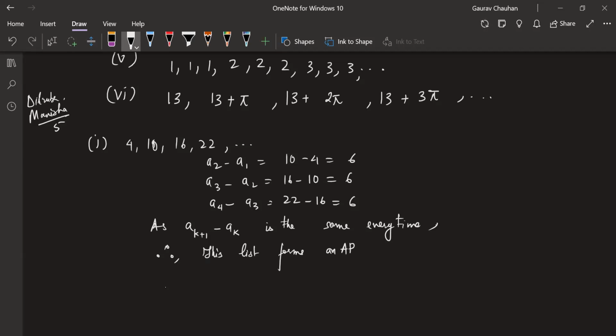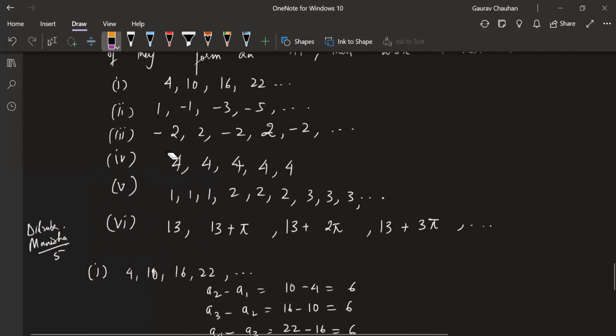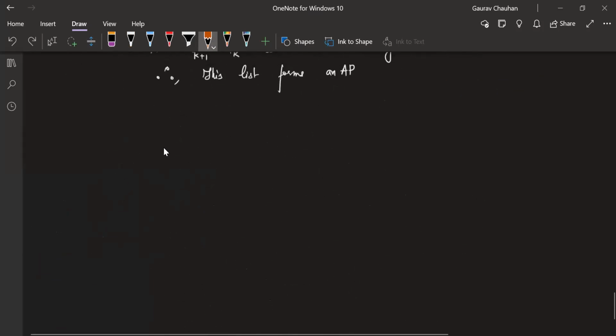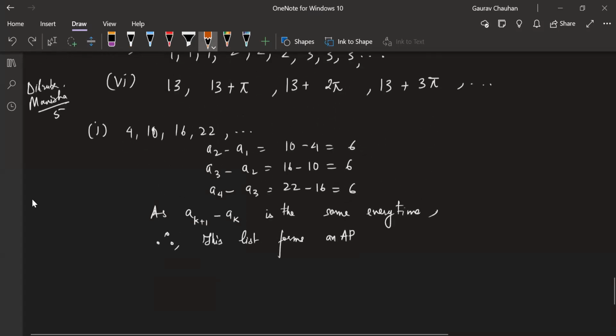Where d is equal to how much? This is not asked, they have not asked how much d is, but we will find it, because then we can easily find the next term, right? They're also writing, if it is an AP, write the next 2 terms. So for the next 2 terms, we'll find d. But first, is this clear so far?